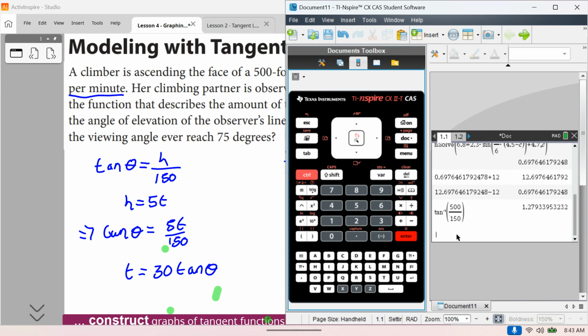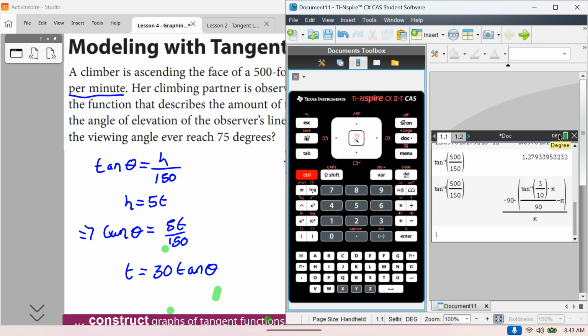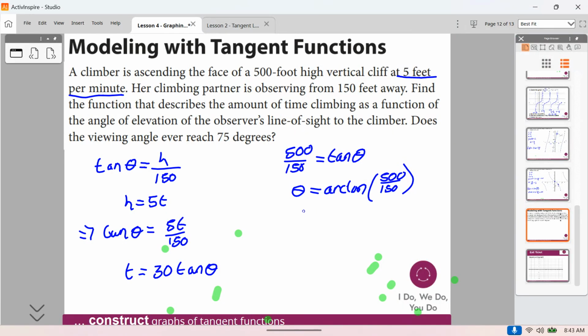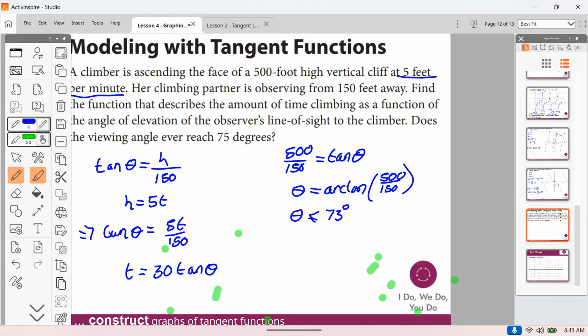I'm in radians, so the question was in degrees. I switch to degrees. I get 73. So no. It'll never quite reach.